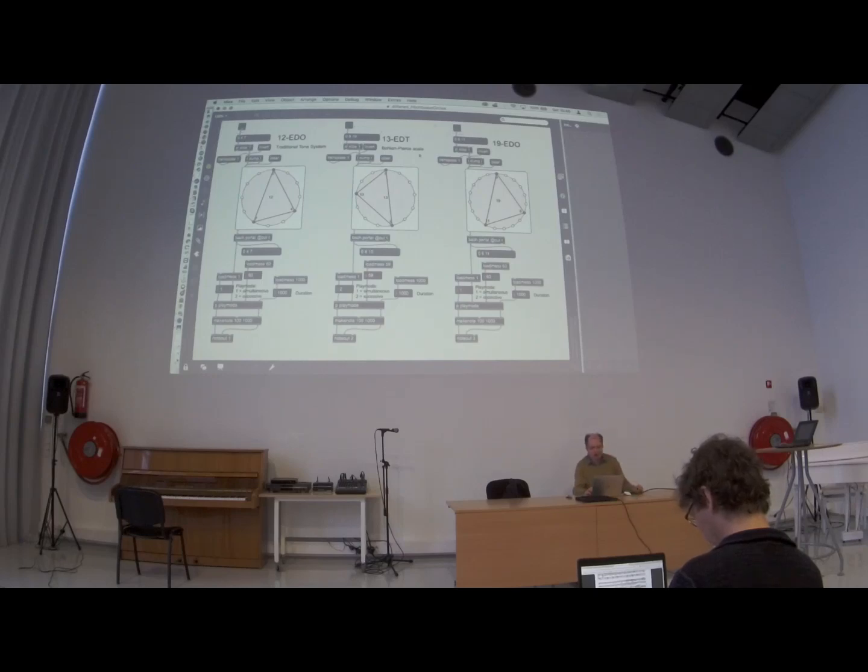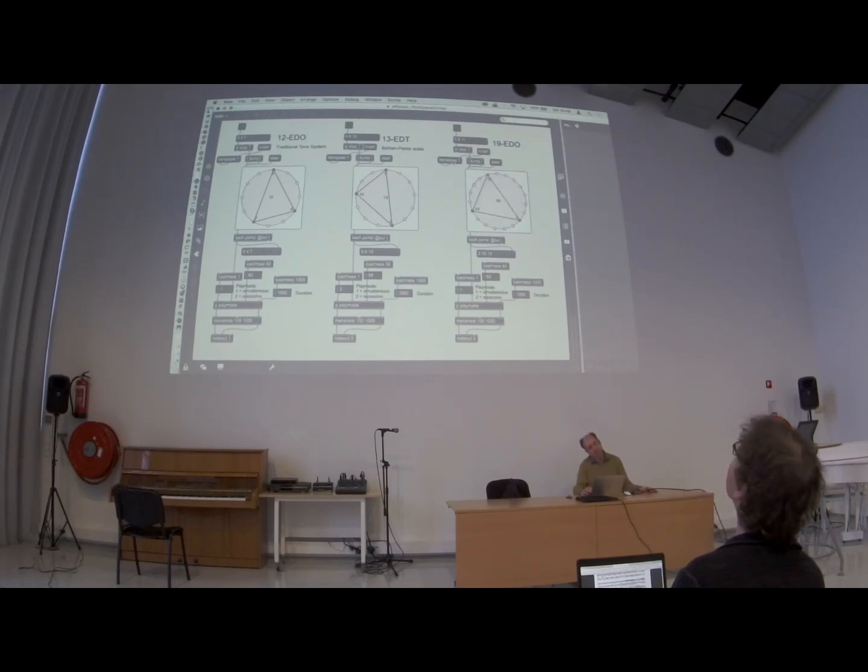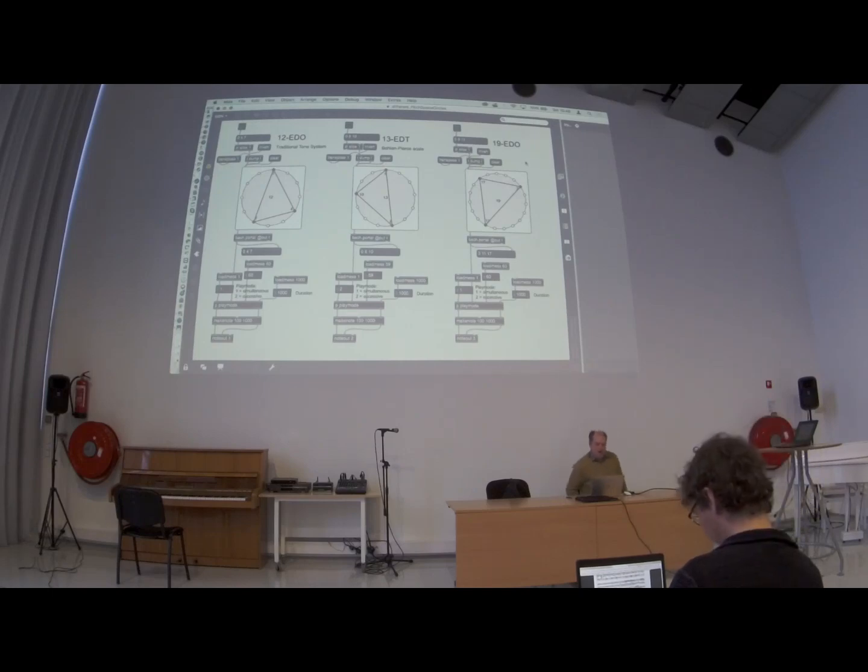And now we can listen, of course, the steps are so unfamiliar if I transpose it. Okay, that is what we maybe remember from yesterday from the fanfare. And here as an example, Bohlen-Pierce.